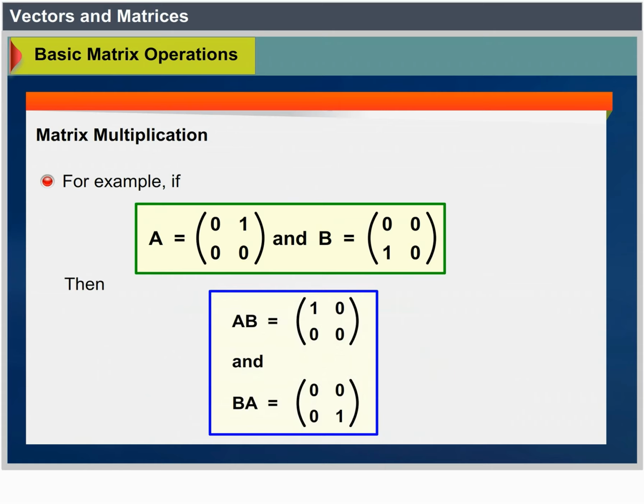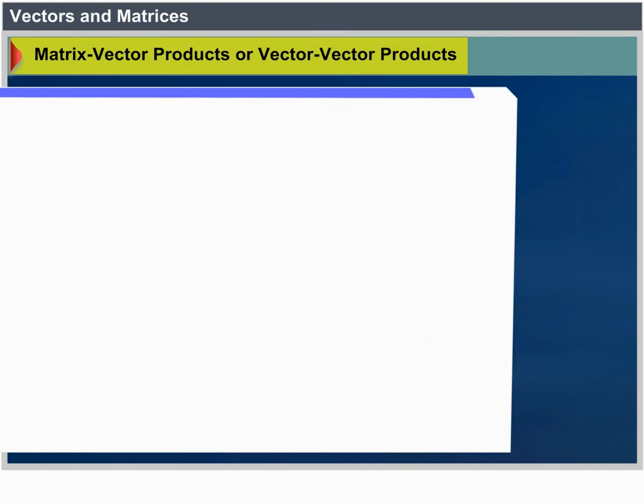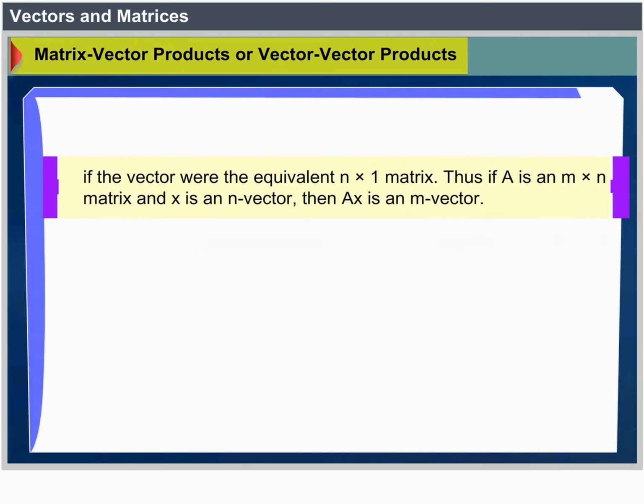Matrix-vector products are vector-vector products if the vector is viewed as the equivalent n by 1 matrix. Thus, if A is an m by n matrix and x is an n-vector, then Ax is an m-vector.